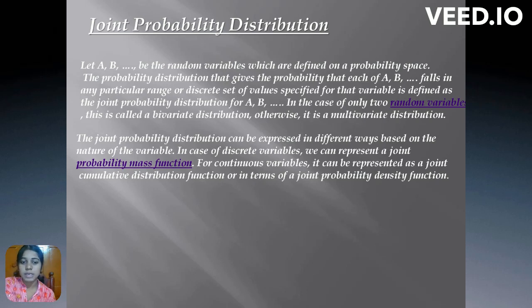Otherwise, it is a multivariate distribution. The joint probability distribution can be expressed in different ways based on the nature of the variable. In case of discrete variables, we can represent a joint probability mass function. For continuous variables, it can be represented as a joint cumulative distribution function or in terms of a joint probability density function.